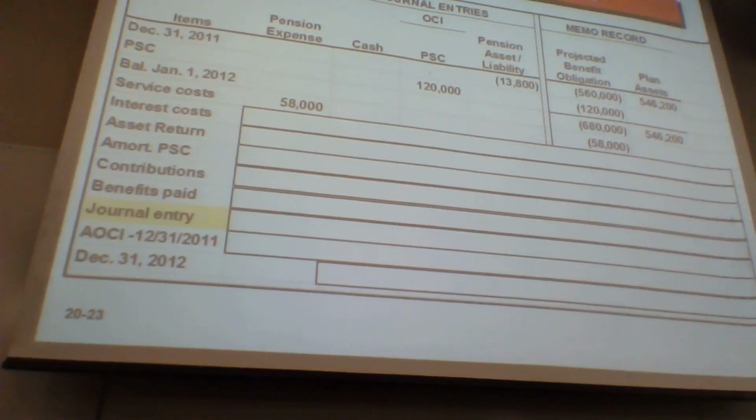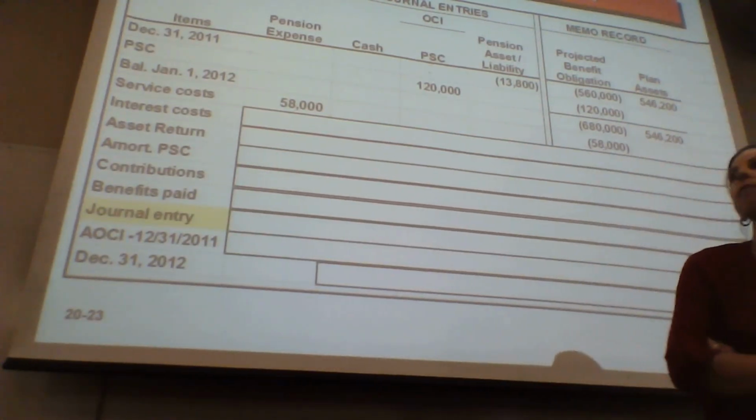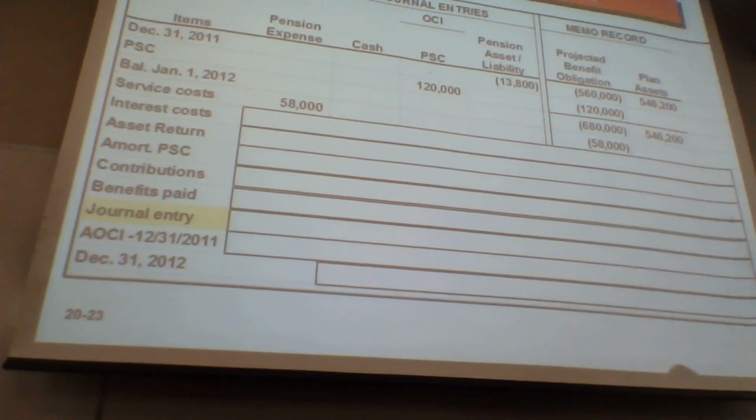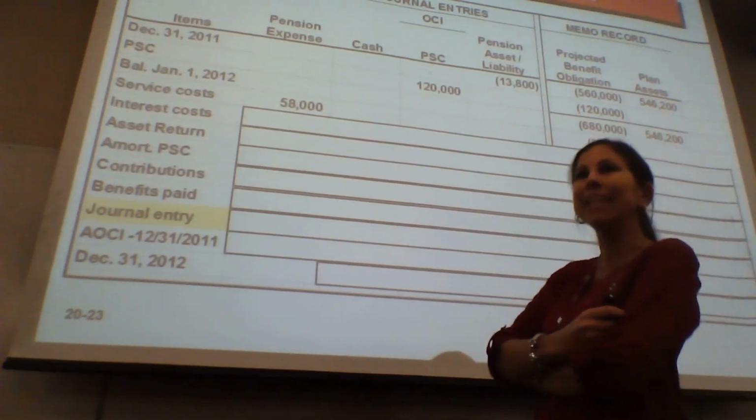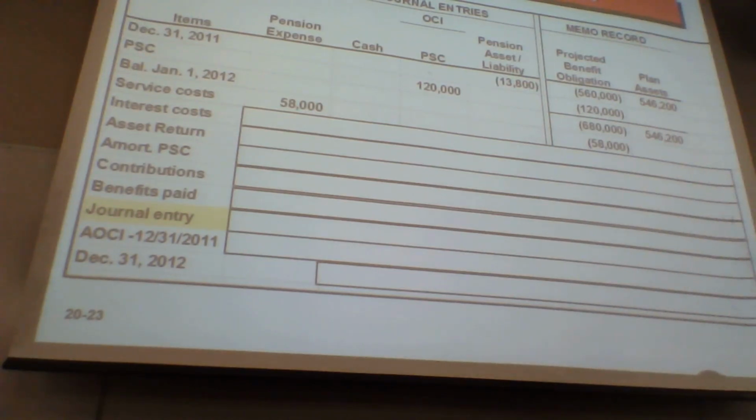All right, the second component is interest. Interest costs. How do we compute the interest costs? Do you remember? We take the settlement rate, which is the 9% that they provided, and multiply it times the beginning balance of the PBO. Since we had a plan amendment as of July 1st, the most accurate beginning balance is actually the 680,000. So we're going to use the 680,000 times the 9%, and that goes in the pension expense column, and what other column?